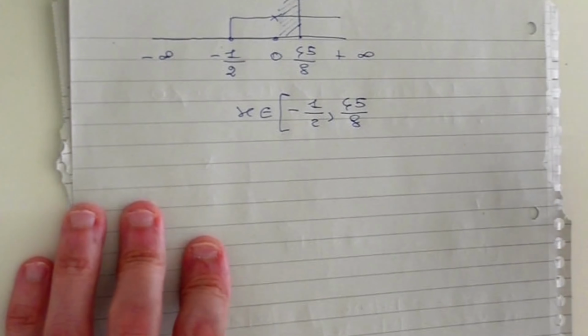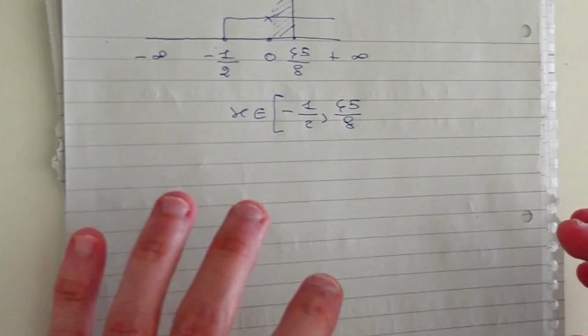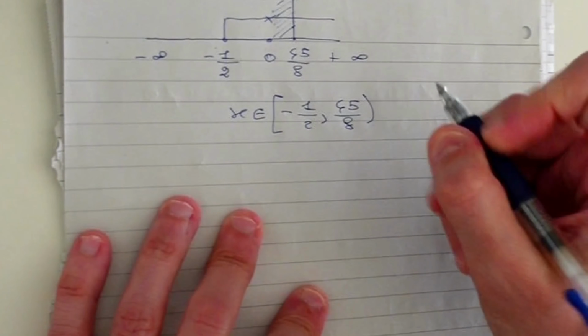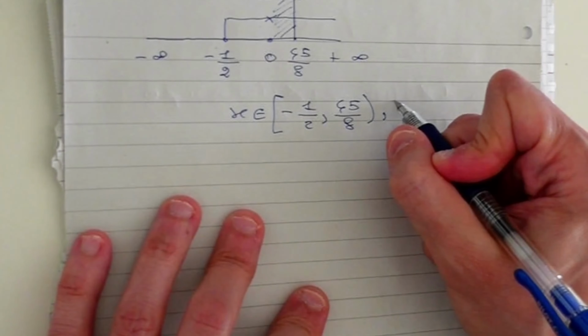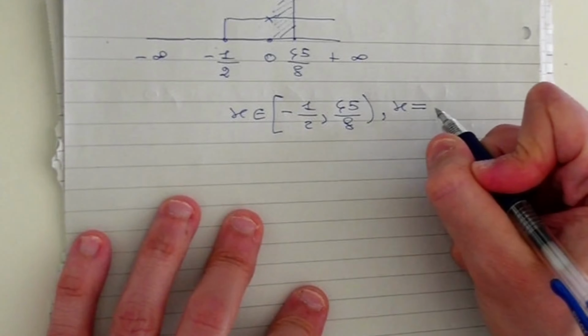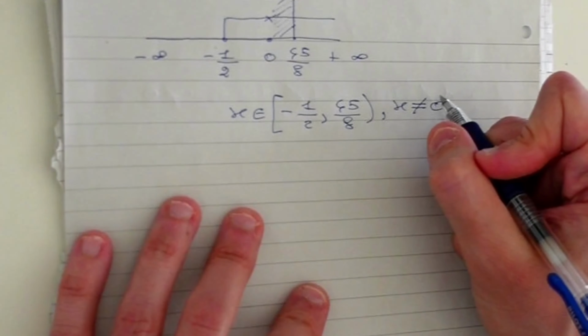We don't repeat the same manipulations because it's just a copy of what we have done so far. And this, it's x not equal to 0.